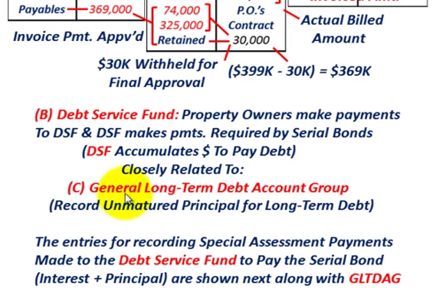And that general long-term debt account group is where we're going to record the unmatured principal for our long-term debt. In this case it could be a long-term obligation, but we're looking at long-term debt. Okay, so the entries for recording this special assessment, along with the payments that are made to the debt service fund to pay the serial bonds, that interest plus principal, are going to be showing next, along with this general long-term debt account group, the entries we'd have to make into that.